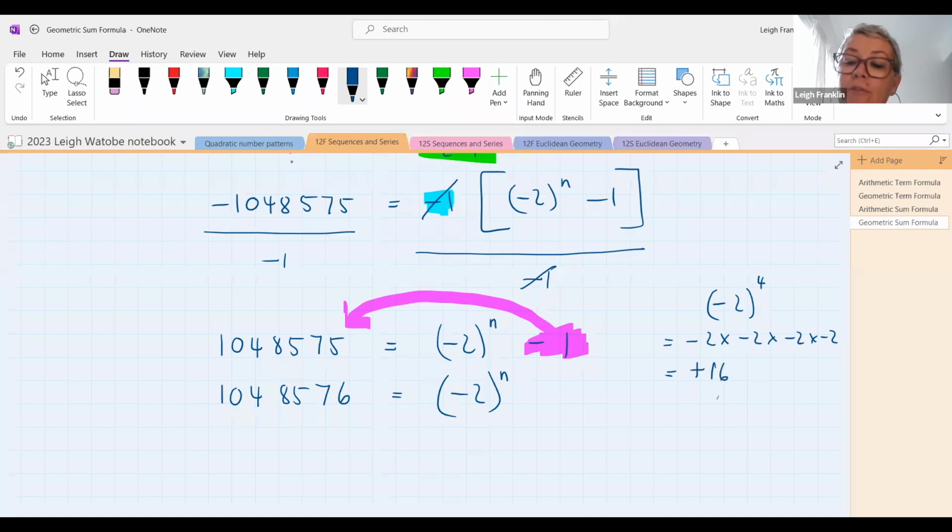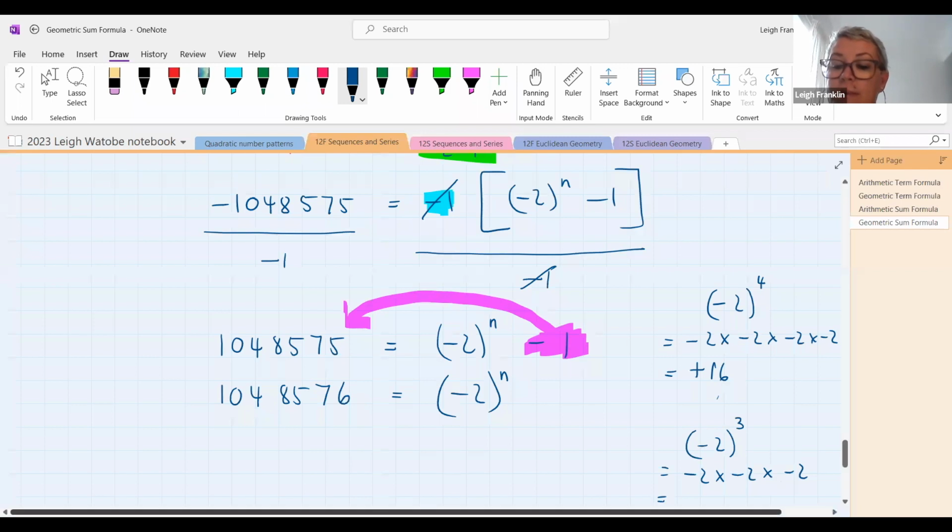So here I would have positive 16. But if I take a negative base and I raise it to an exponent that's odd, I'm going to end up with a negative answer. -2 times -2 times -2. A negative times a negative is a positive. A positive times a negative is a negative. So here I'm going to have a negative answer.